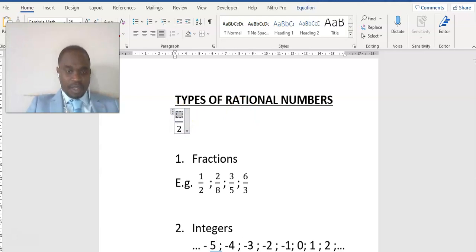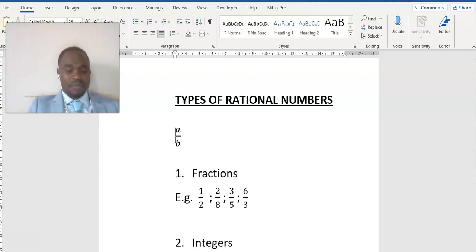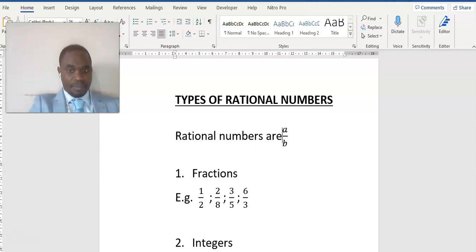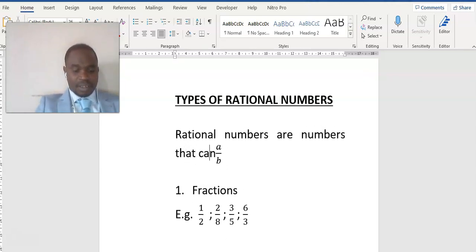So rational numbers are numbers that can be written in the form a over b.